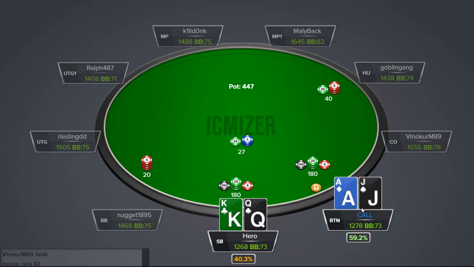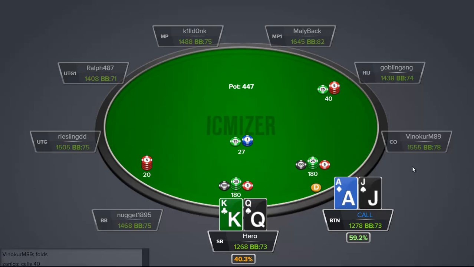So this guy has approximately 59% equity. These don't add up exactly to 100% because there's some chance that they end up splitting the pot. But roughly speaking, we might think 60% equity, 40% equity. So all this means is that pre-flop, Ace-Jack offsuit is likely to have the best hand by the river about 60% of the time against the King-Queen offsuit.